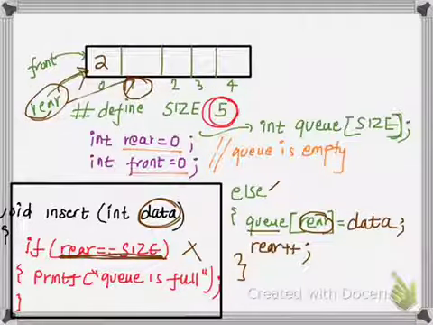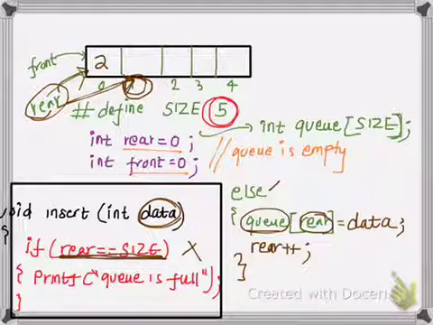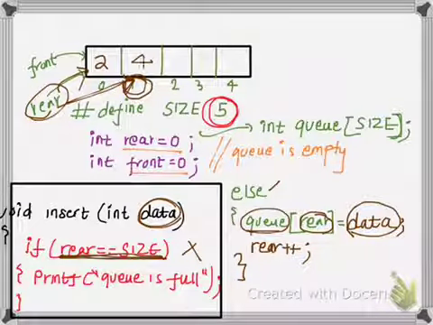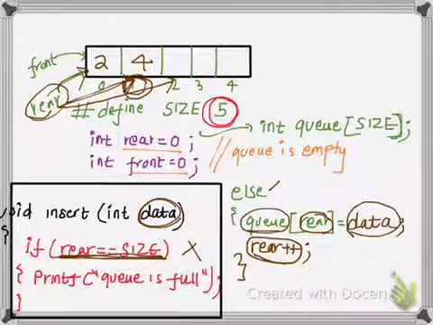So for the else condition, queue of rear, so queue of 1, and as rear is pointing to memory location 1, in queue of 1 we're going to insert our second data, say 4, and after that we're going to increment rear by 1 once again, so rear will be pointing to 2, and this will go on till our rear will be pointing to memory location 5 right here.